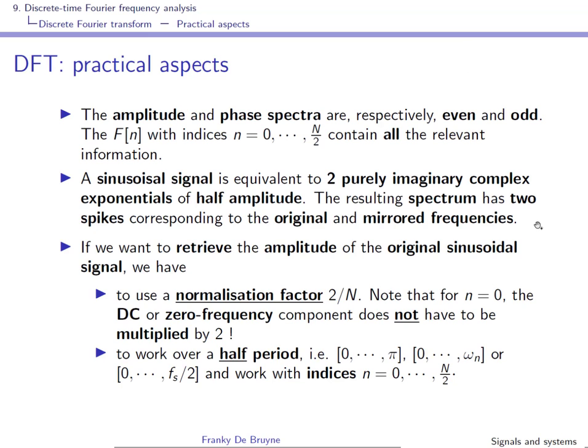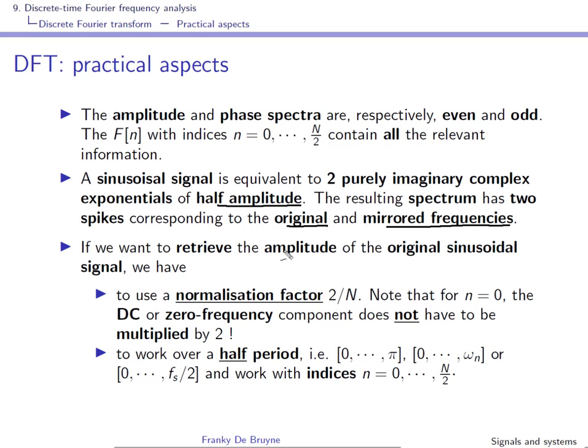Well, we have seen that for a sinusoidal signal, we see two purely imaginary complex exponentials of half the amplitude, and in the resulting spectrum we see two spikes, one at the original frequency and one at the mirrored frequency, right?